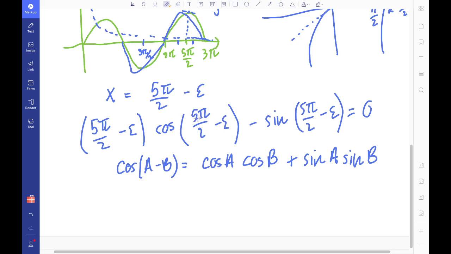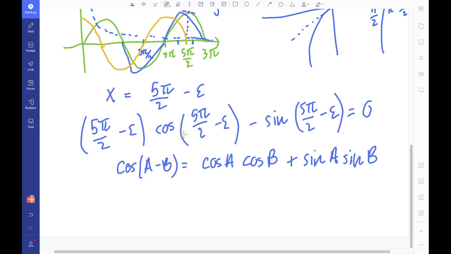So cosine 5 pi over 2 is in fact 0 again. If we think about what cosine looks like, I could draw it on this curve here. I'll draw it in yellow. So it starts at 1, it crosses at pi over 2, comes up, and it crosses again at 3 pi over 2, and we know it's going to cross the axis again at 5 pi over 2, so it's 0.